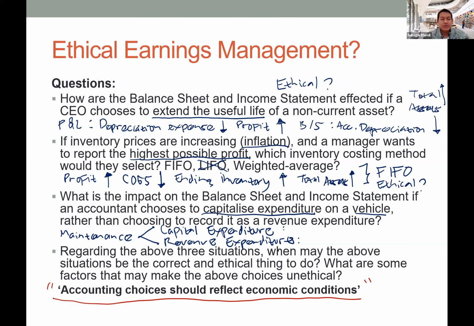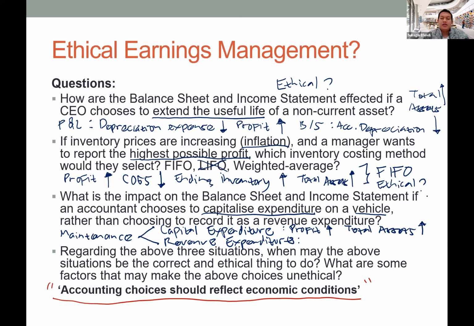If the company uses capital expenditure, they will report a higher profit. Why? Because they don't have maintenance expense in the profit and loss, right? So less expense means higher profit. And they will report a higher total asset in the balance sheet, because they capitalize the maintenance expense.